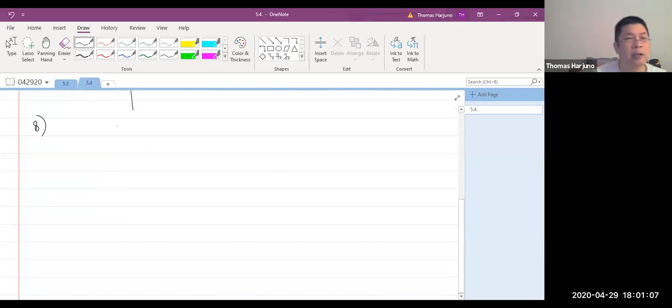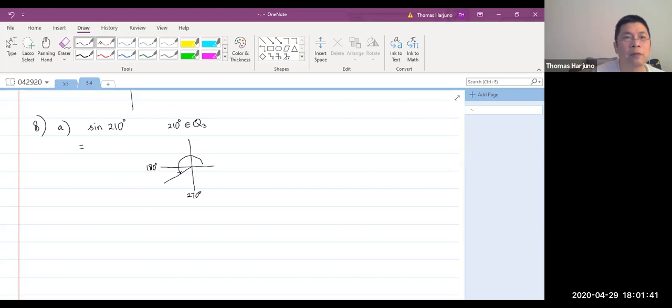Number 8a. Compute the value of sine 210 degrees. We ask ourselves, 210 degrees is in which quadrant? Then you draw it. This is 180 degrees. This is 270 degrees. Then 210 must be in quadrant 3, between 180 and 270.